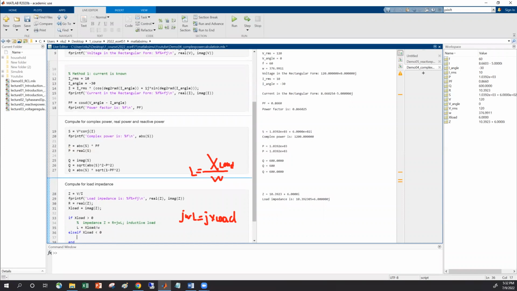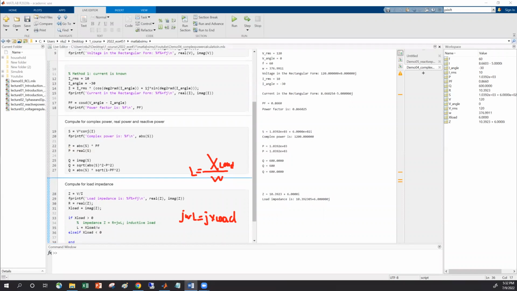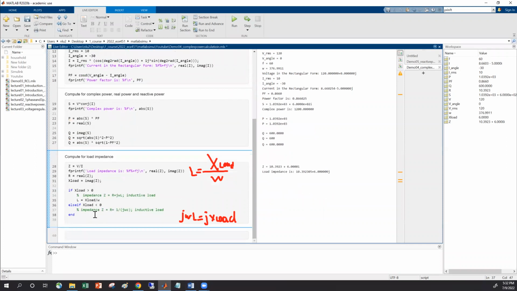If that's the case, then our impedance basically is capacitive. So that means my X load equals 1 divided by j omega C. Okay, so that means that my C will equal 1 divided by X load times omega. And then that way I know that when this is greater than 0, it is inductive, and then I can compute the inductance. And if this is smaller than 0, I know it's capacitive.